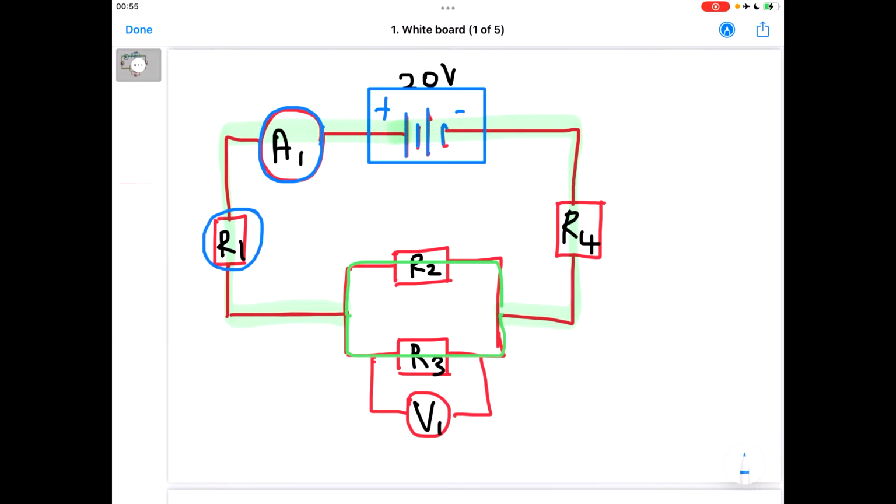It only splits when it gets to that point. The other will flow through this side, and the other one through that side. Meaning the current flowing through this side, when you add it to the current flowing through that side, has to take you back to the total current which joins there, and then it continues. Obviously the current passing through there is in series connection.